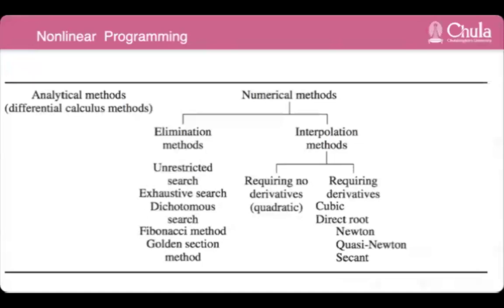And last week, we discussed the method, the algorithm, to find the step size, right? Assume that you have the direction as given already, and now we want to find how far we should go, or its step size.